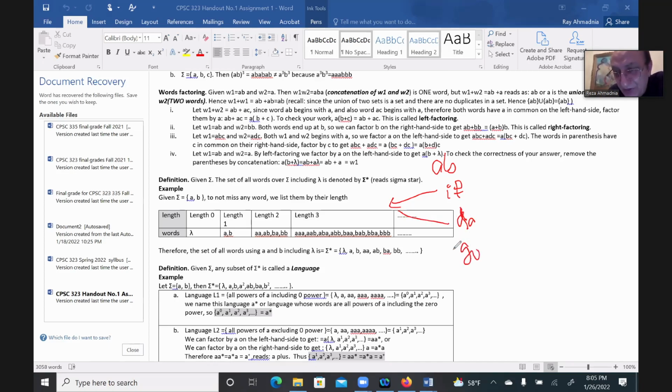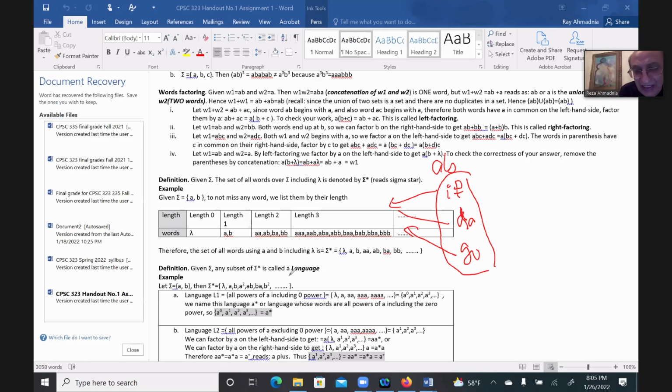If the word of length 2 is GO, then this is a word in English. So if I start with an alphabet and I find sigma star, then any subset of sigma star is called a language. If I collect only English words, then the language is called English. If I collect all Spanish words, it is called the Spanish language, German language, and so on.